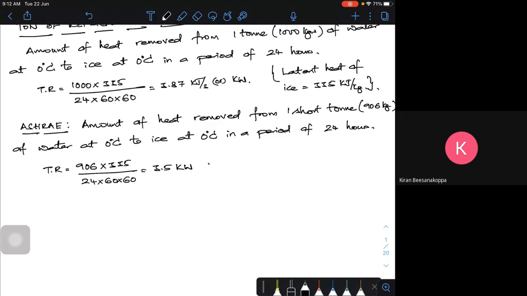Or if I divide it by only 60, I will be getting around 210 kilojoules per minute. When you try to solve numericals, most of the problems give these values, and we take these values and use them.